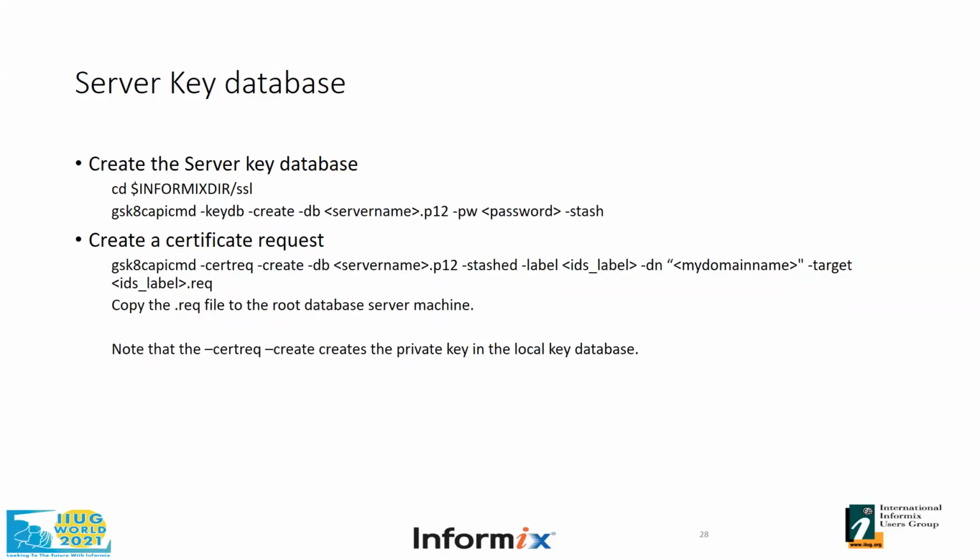And then you create a certificate request. Okay, and you have to specify here the label that you would like, the domain name that is going to be used for the certificate, and the file that is going to be the certificate request that you're going to send to the certificate authority that's going to sign your certificate.